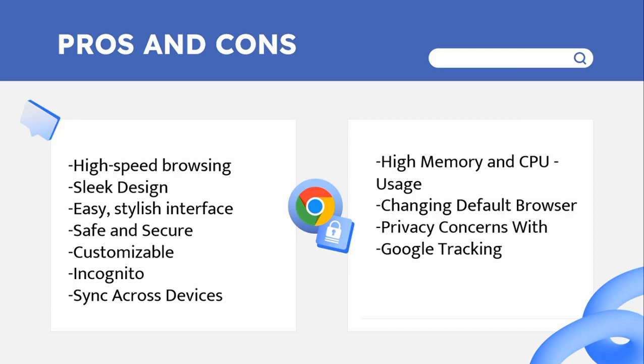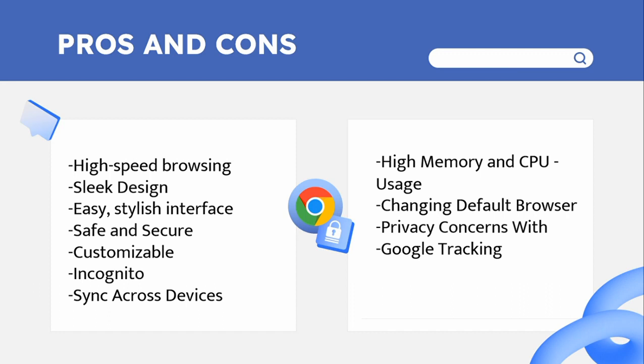In Google Chrome, you can change the color you like, and you also have many themes to choose from. Next is incognito, and it can sync across devices. You can sign into Chrome using your Google account and your data will be synced across all your Google devices.